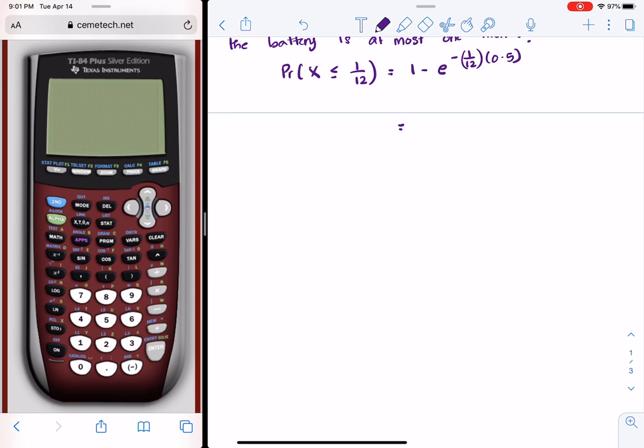So we would end up having 0.04 as the answer. In other words, there is only a 4% chance.